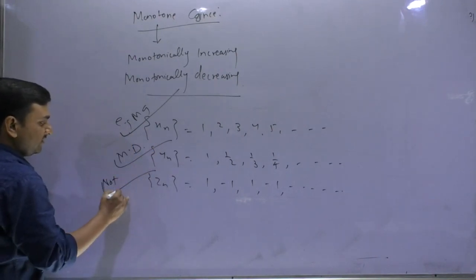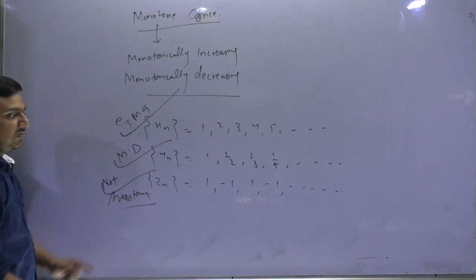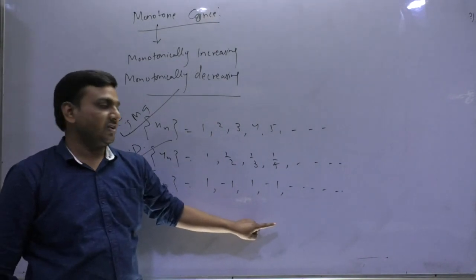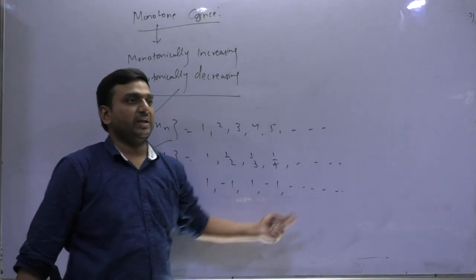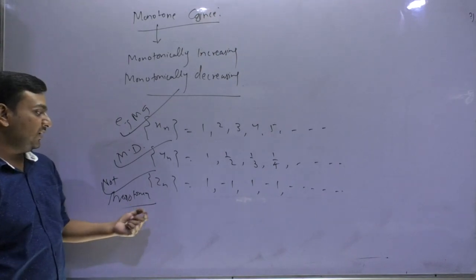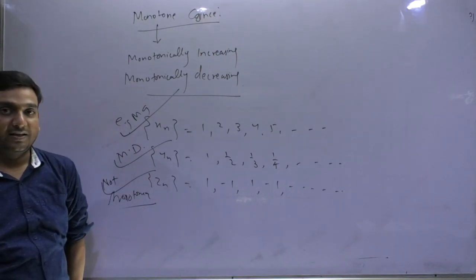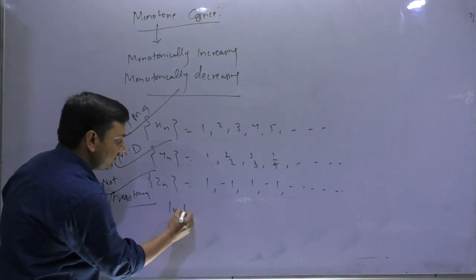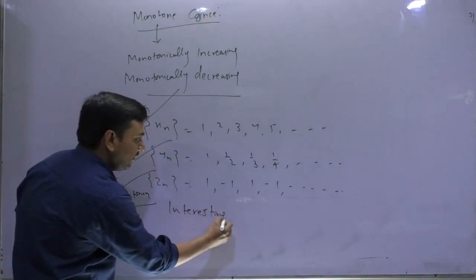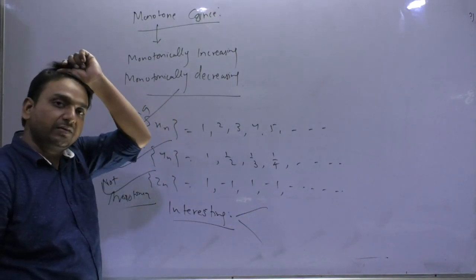This sequence is not monotonic, because you can never judge where it is going to be increasing and decreasing. Getting? So this sequence is not monotonic. Another interesting concept you can think of from here, when we discuss subsequences, definitely will be coming on that.